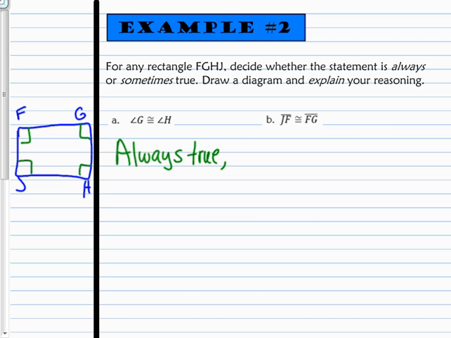Well, because a property of a rectangle is all angles are congruent. Okay, so angle G is always congruent to angle H because in a rectangle, all angles are congruent.